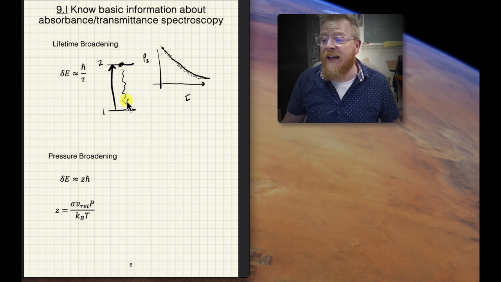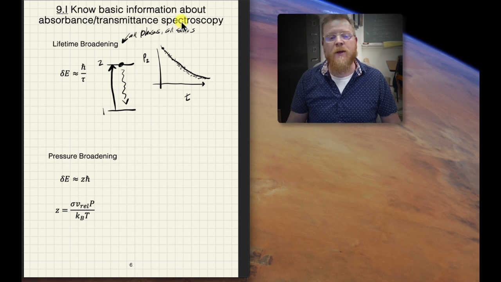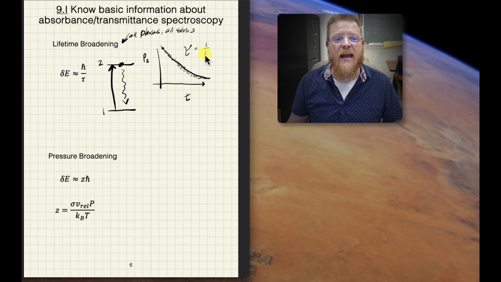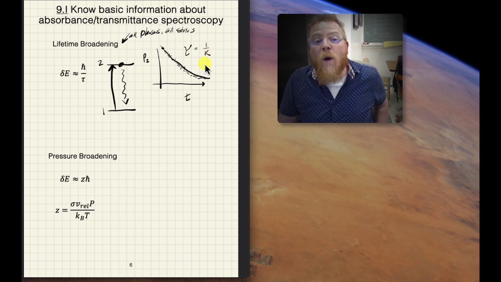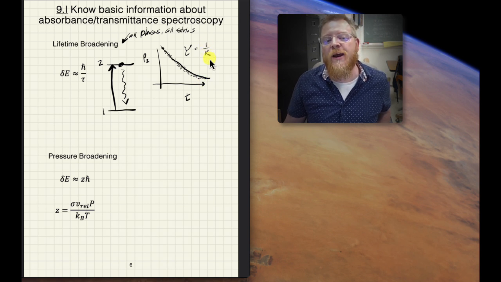That's true for any state or any phase, so this is all phases, all states. It could be electronic, vibrational, rotational, etc. From this first order decay, we can get a lifetime, which is given also by tau. I know I had tau in the previous example for optical depth, where k is our first order rate constant. Because first order rate constants are 1 over time, this will have units of seconds if we quantified our time in seconds.